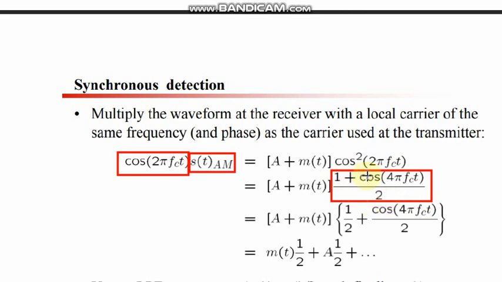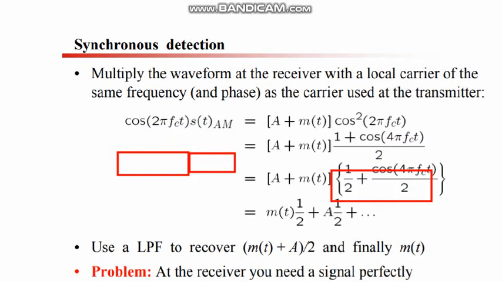Then separating these terms, it becomes (1/2 + cos 4πfct/2) multiplied with [A + m(t)]. When you open this, you get m(t)/2 + A/2 plus higher frequency terms, meaning the cos 4πfct/2 term multiplied with A and with m(t). Why have we not written those here?